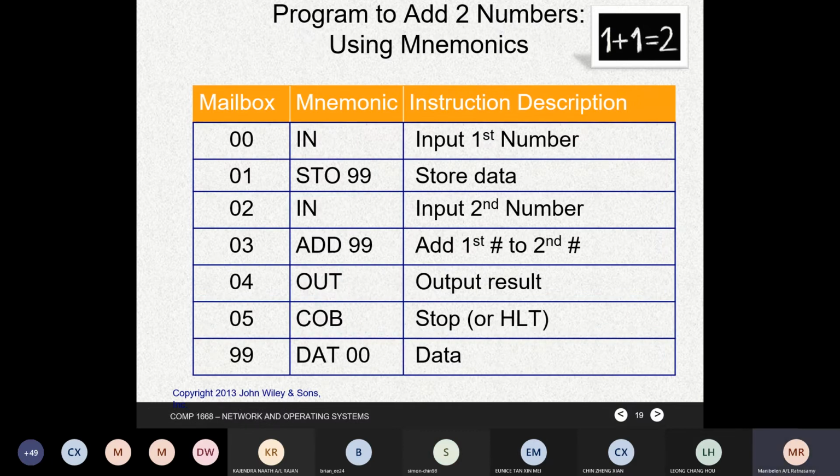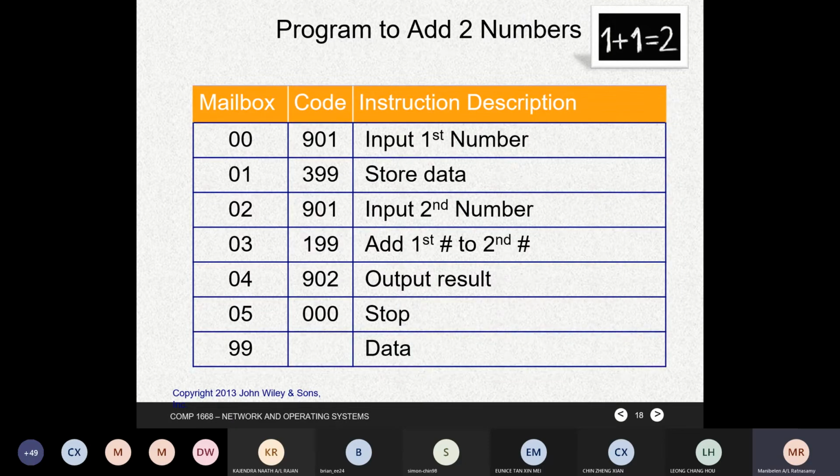Now we want to add the two numbers using mnemonic. You see the difference between this slide and this slide. Here we use code, assembly language code, like for example 901, 902 and so on.